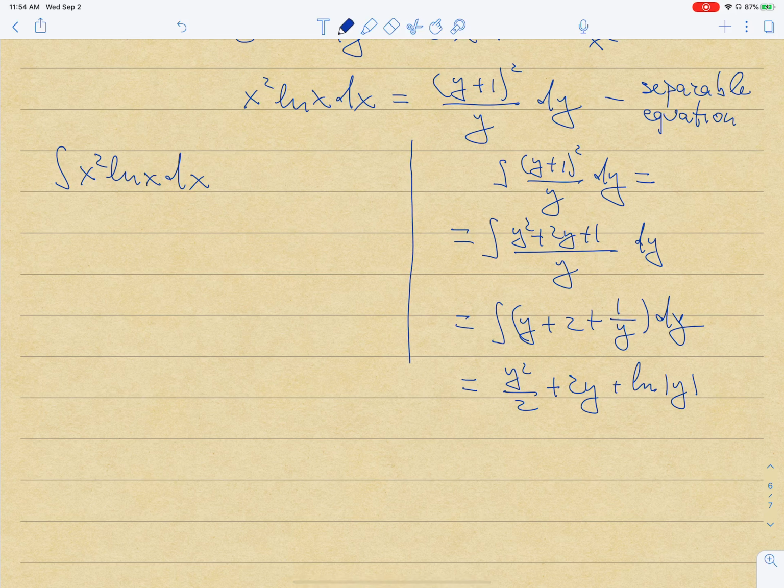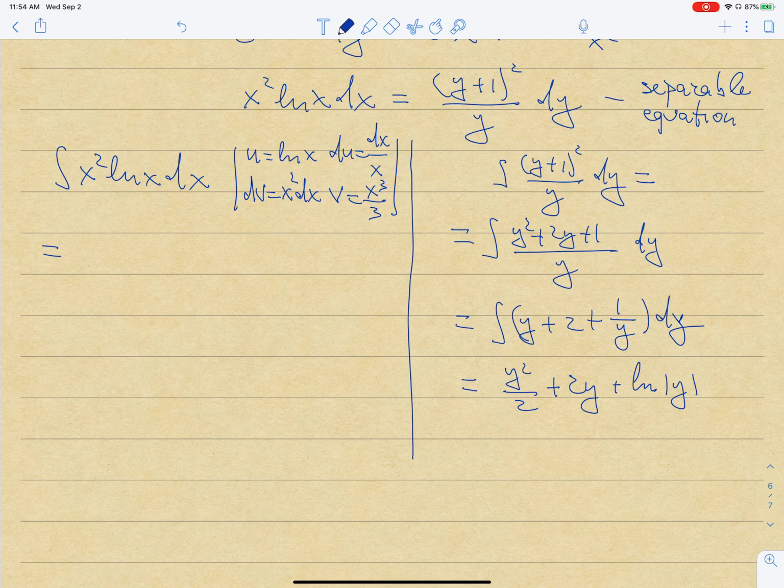Then the second item I need to compute is the integral of x squared ln x dx, the left-hand side of the expression. Because of the presence of ln x, that's a good indication that I should use integration by parts. If u is ln x, du is dx over x, and if dv is x squared dx, then v is x cubed over 3.